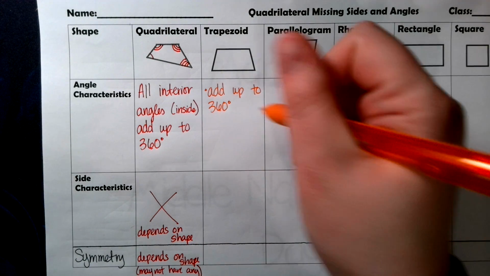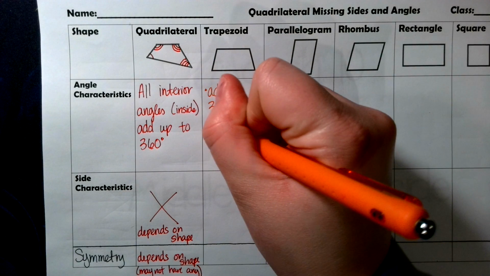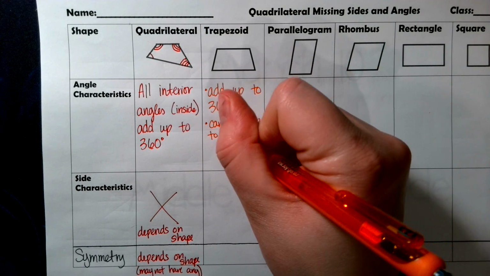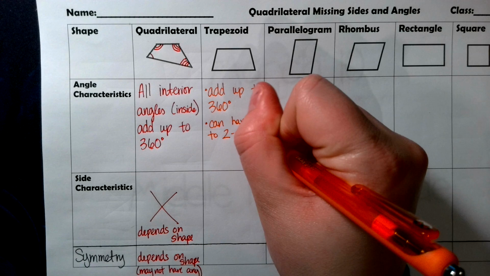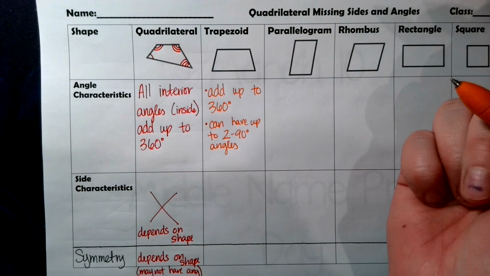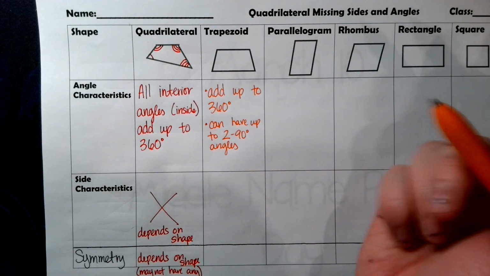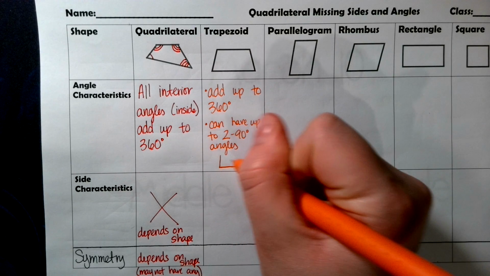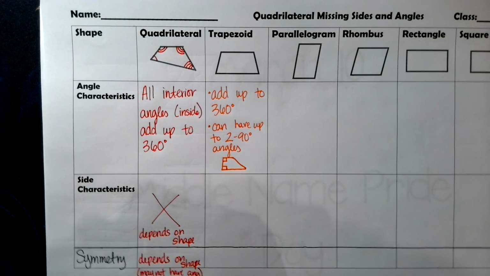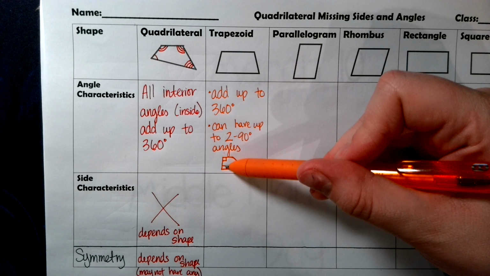Trapezoids can have up to two 90-degree angles. So if a trapezoid did, it would look like this, where this would be my 90-degree angle and this would be my 90-degree angle. This one up top doesn't have any, but they can have up to two 90-degree angles.